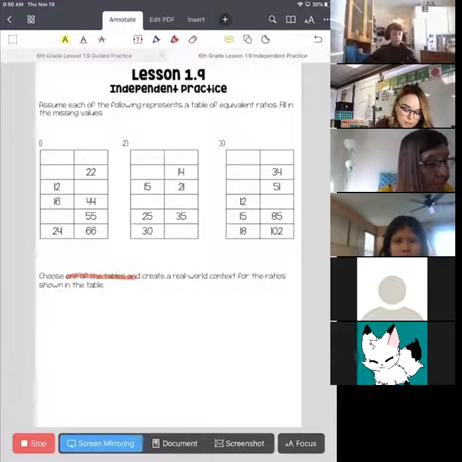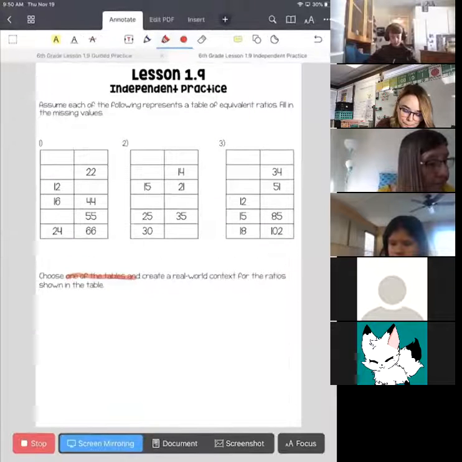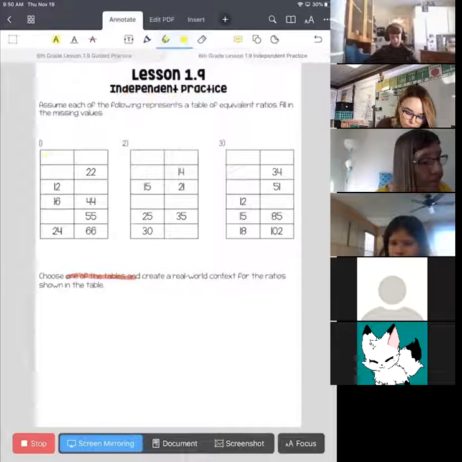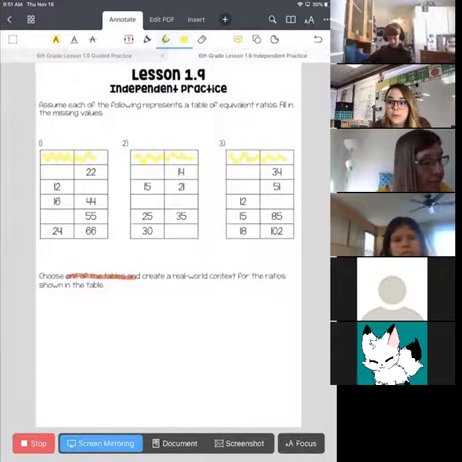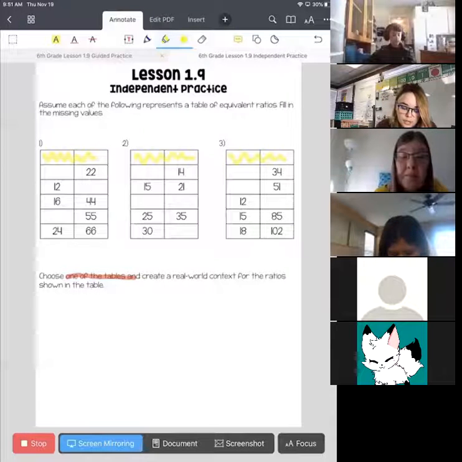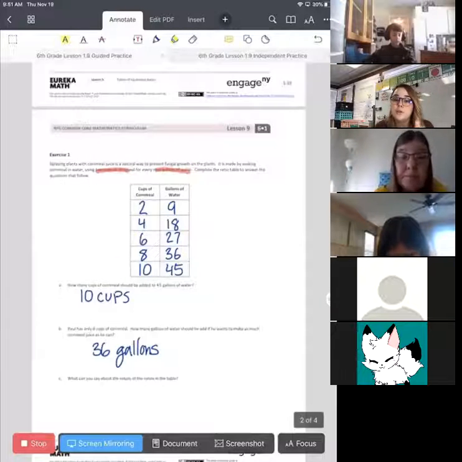You'll notice that the first row is blank in each of these tables. So this is where I want you to put the unit ratio, so the smallest form of the ratio, right? So in our guided practice, our first ratio for exercise 1 was 2 to 9.